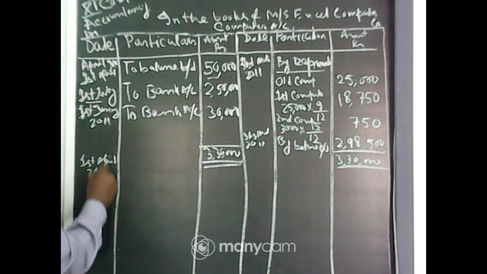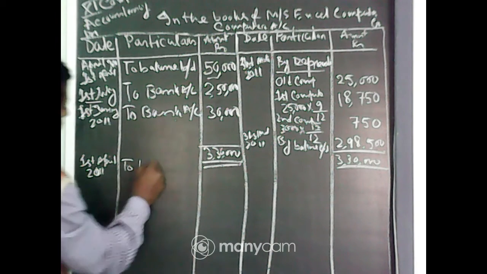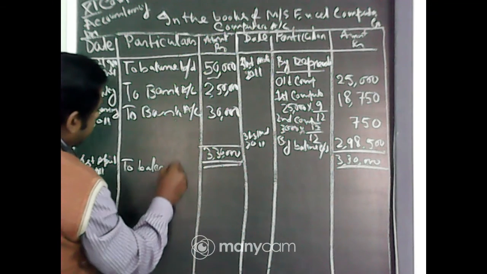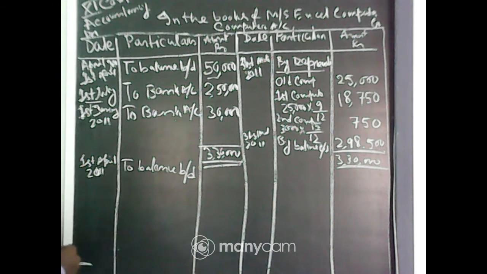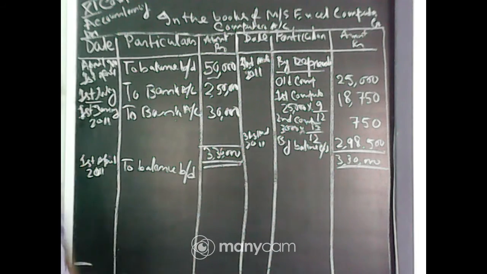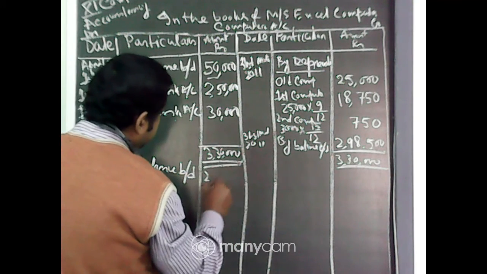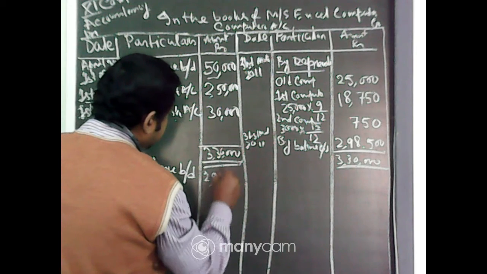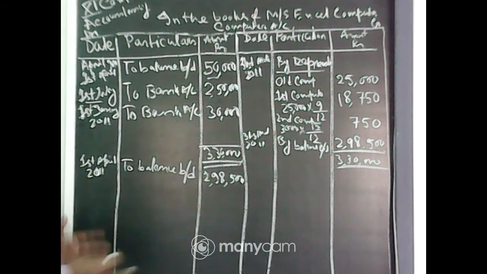Okay. Because this year is 2011-12, balance BD. So, how does the balance BD come? After depreciation of the machines, the balance will become 2,98,500.